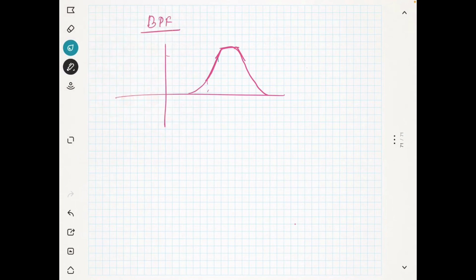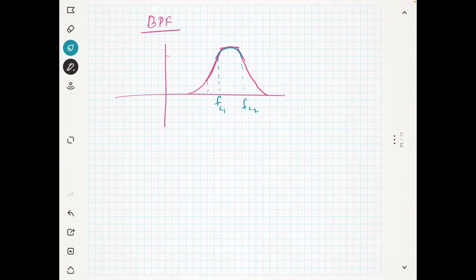This is FC1 and this is FC2. It will allow the frequencies between FC1 and FC2, and it will not allow frequencies in any other range.